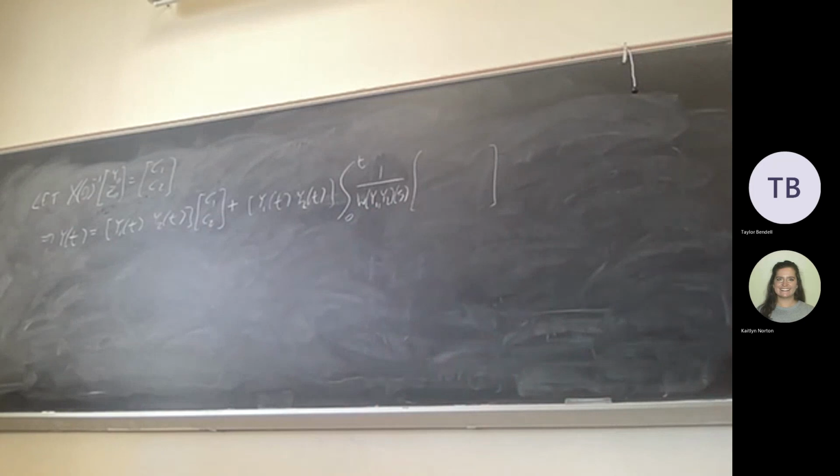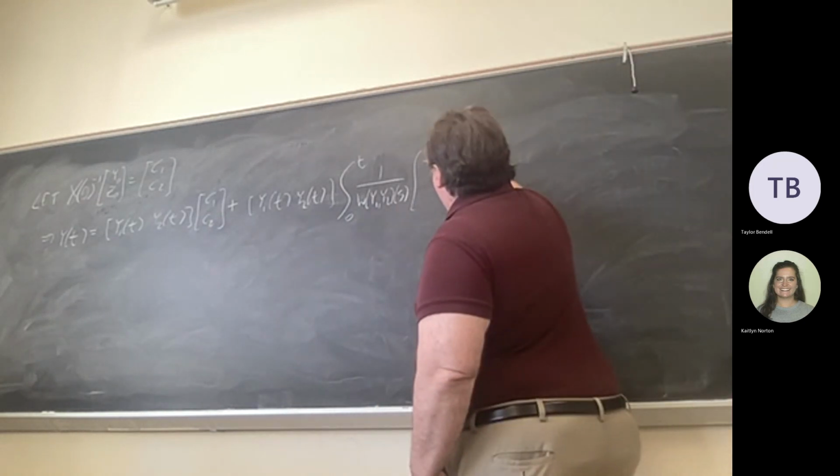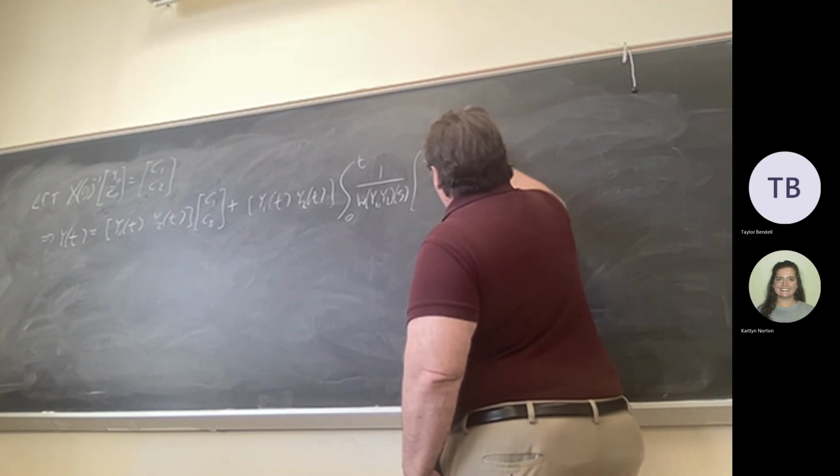And then the column vector I arrived at from using the inverse was minus y2 times g, and then y1 times g.